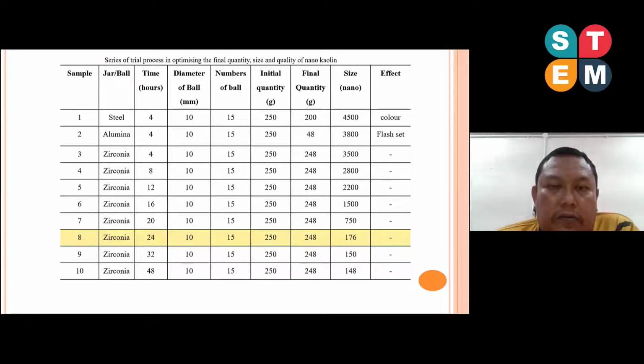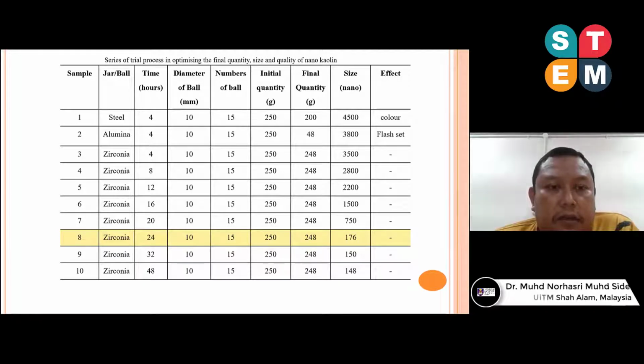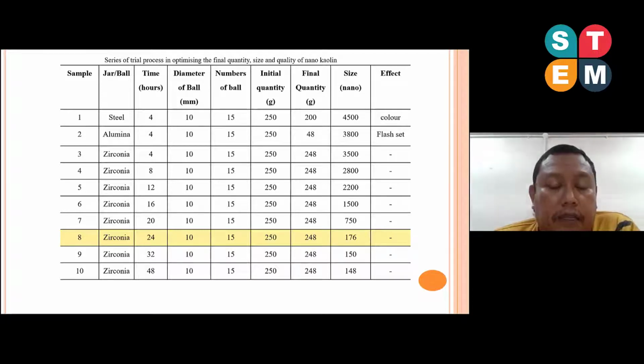To confirm this transformation from micro to nano, we use high energy milling back in our lab in ISEM. There are three types of bar and balls for the milling method: steel, alumina, and zirconia. We also ran trials based on hours and the diameter of the balls.